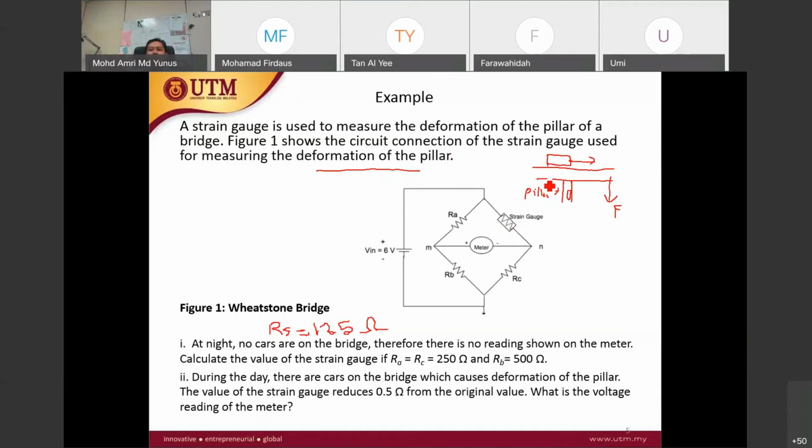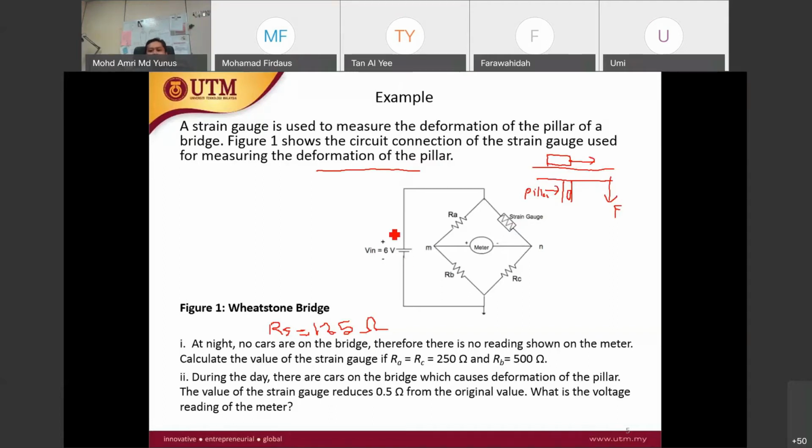So when the pillar is deformed, either expanding or contracting, it also deforms the surface of the strain gauge. Strain gauge is basically a piece of wire, a small wire. So when the strain gauge is elongated or deformed, it will change the resistance value of the strain gauge.